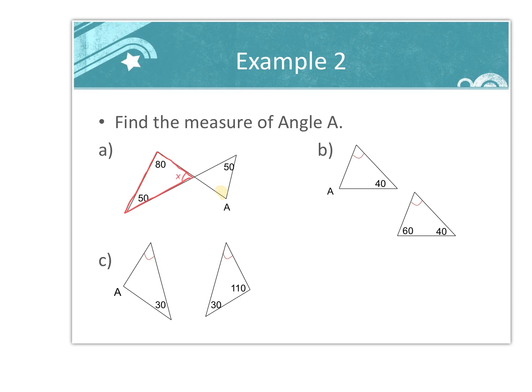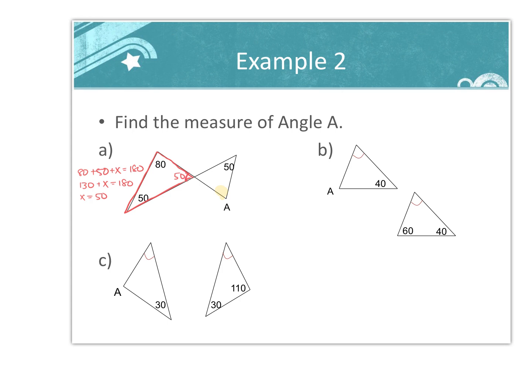Let's say this is X. I know that 80 plus 50 plus X has to equal 180 degrees. I've got 130 plus X is 180, and therefore X must be 50. So this angle X that I labeled for myself is a 50-degree angle. So I got that angle.